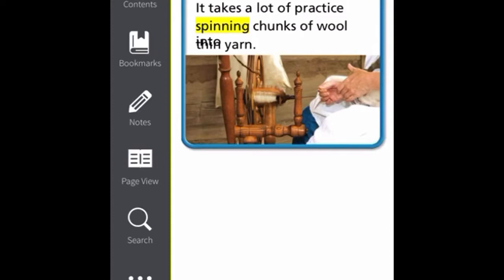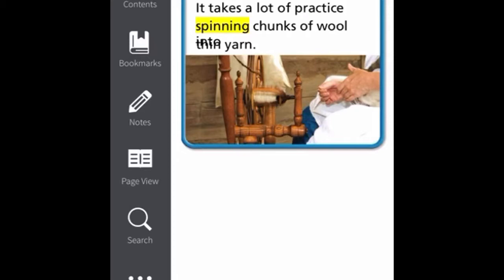Because it goes around in a circle. Okay, so spinning means going around in a circle, and it's a verb. So in order for us to use yarn, we have to take the wool and spin it, going in circles to make yarn.